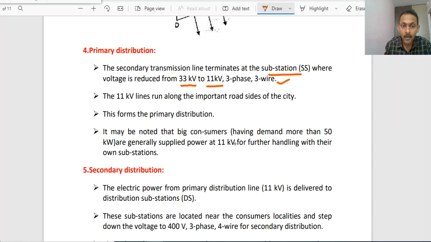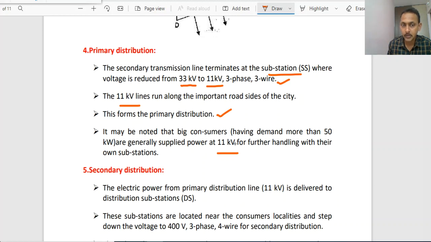Now the 11 kV line runs along the roadsides of the city, and this forms the primary distribution. If a customer has more demand or a larger load requirement, he will be supplied power directly at 11 kV voltage level. Instead of stepping it down to 400 volts, the same 11 kV line will be given to the big consumers.